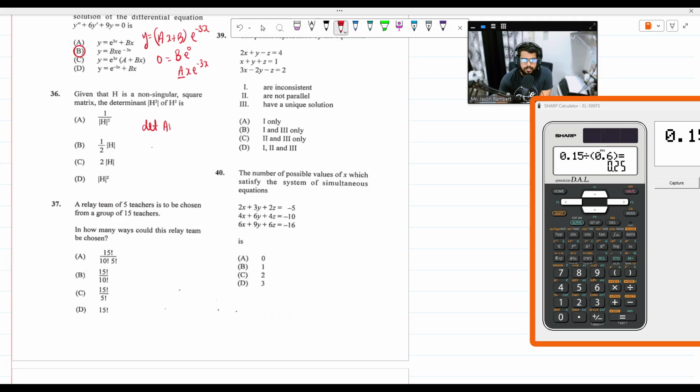Determinant of AB is the determinant of A times the determinant of B. So the determinant of h squared is going to be the determinant of h times the determinant of h, which is the determinant of h all squared.